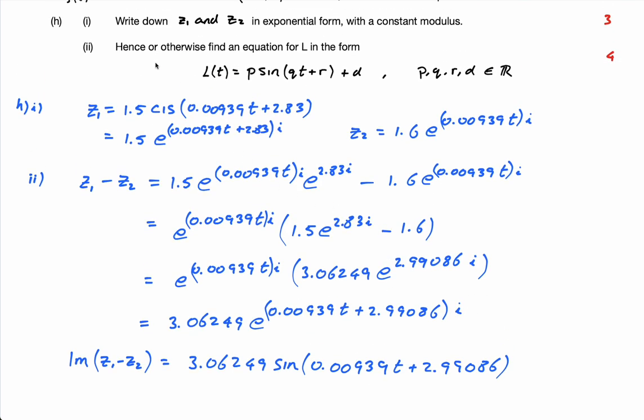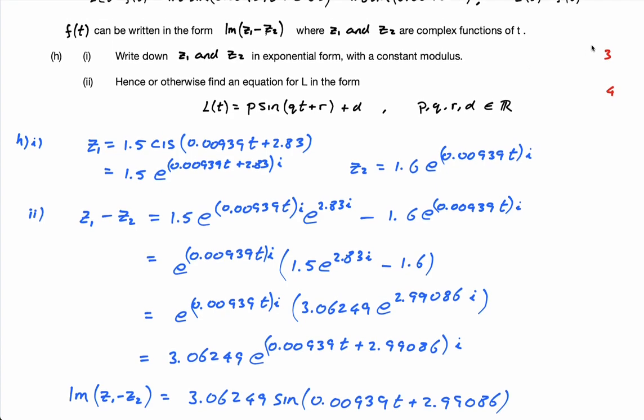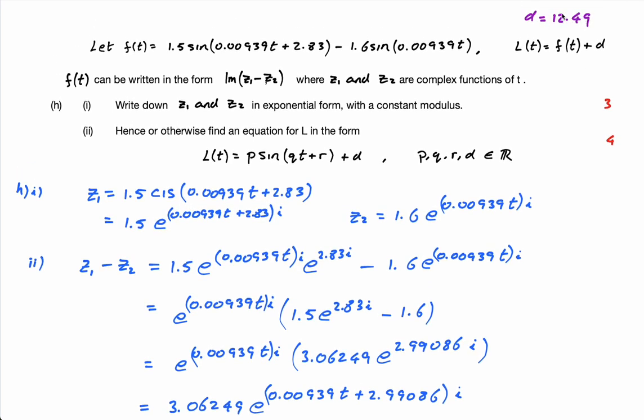So he says, hence or otherwise find an equation for L in the form of this. So I have my P, I have my Q, I have my R. The only thing I don't have is the D, but I got D in the previous question. It's 12.49 because it's f of t plus D, and I've got f of t.